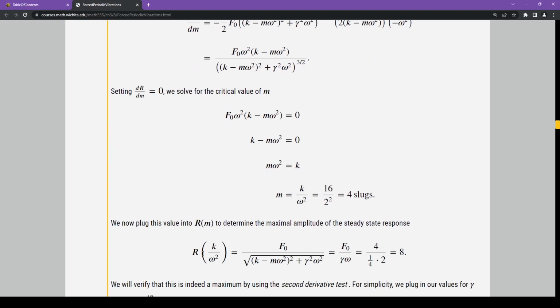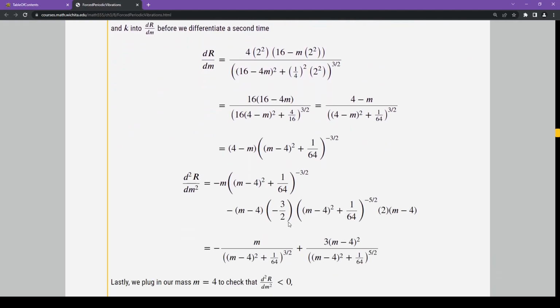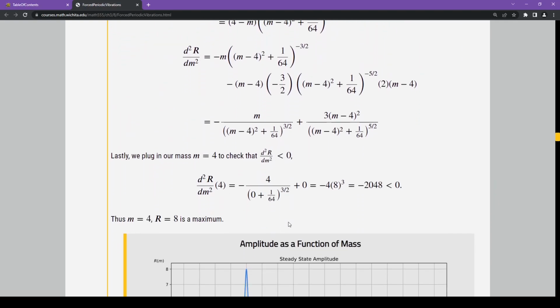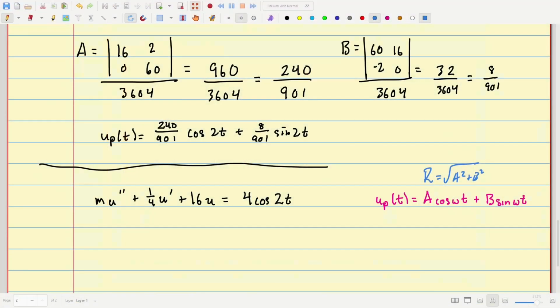So if we plug in m equals 4 into our expression, we can take a look at this graph and we see that the amplitude of the steady state response has a huge spike if we choose this value. And that is very, very large compared to the amplitude that we get from the steady state solution for these things. Here, m was equal to 1/4.